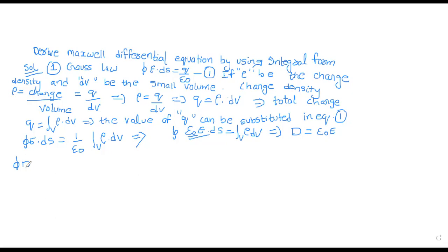Integration of D into ds is equal to the volume integration of rho into dv. Clear, everybody? So now we need to convert this surface integral into a volume integral.